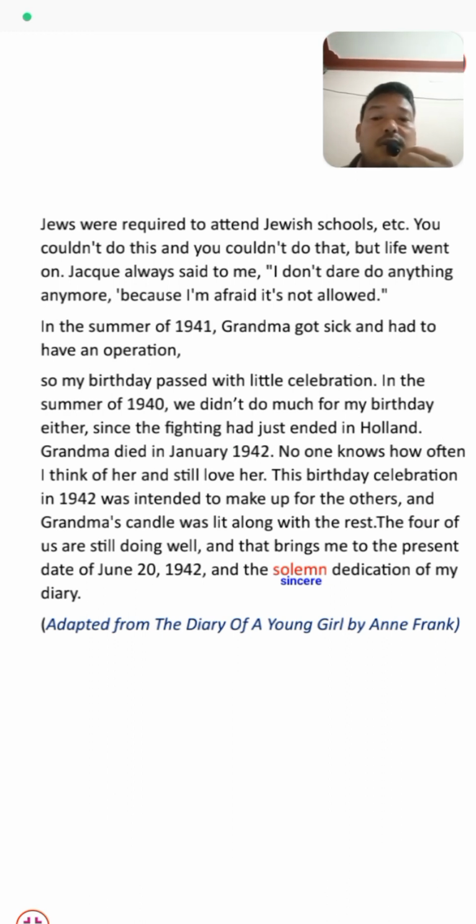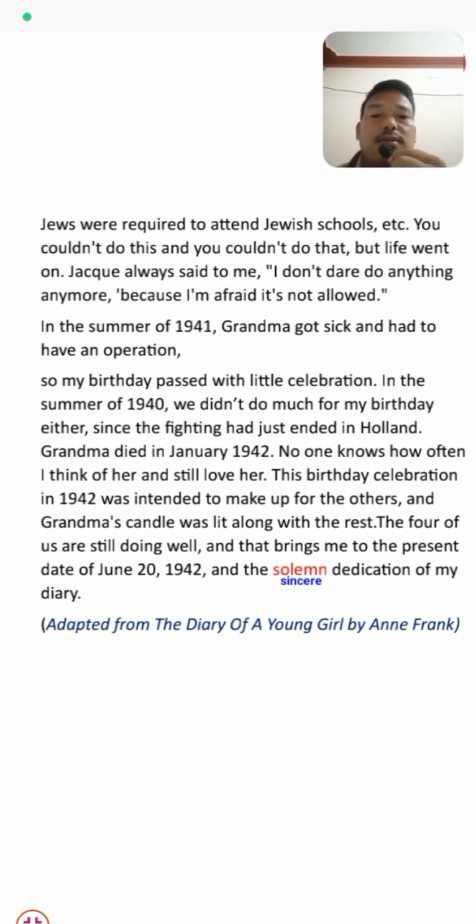Her birthday celebration in 1942 was intended to make up for the others, and Grandma's candle was lit along with the rest. It was a time when her grandmother had also passed away.